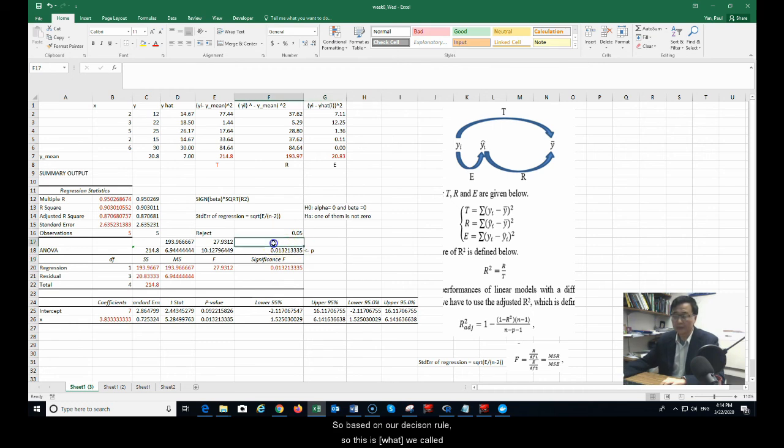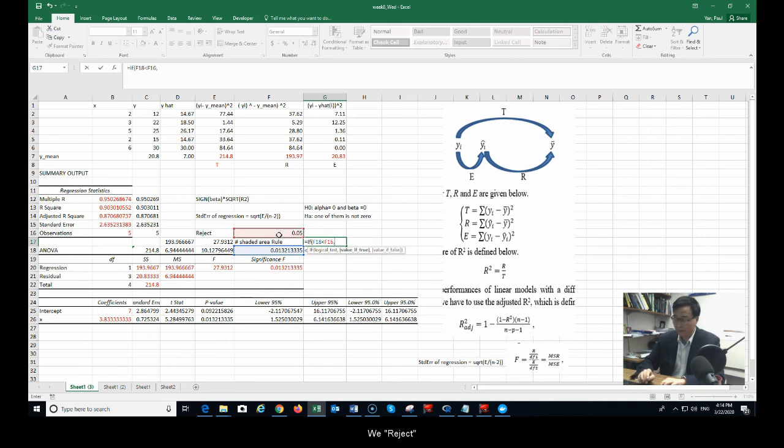Based on our decision rule, this is what we call the shaded area rule. The basic idea is if the p-value is less than alpha, we reject. Otherwise, we accept.